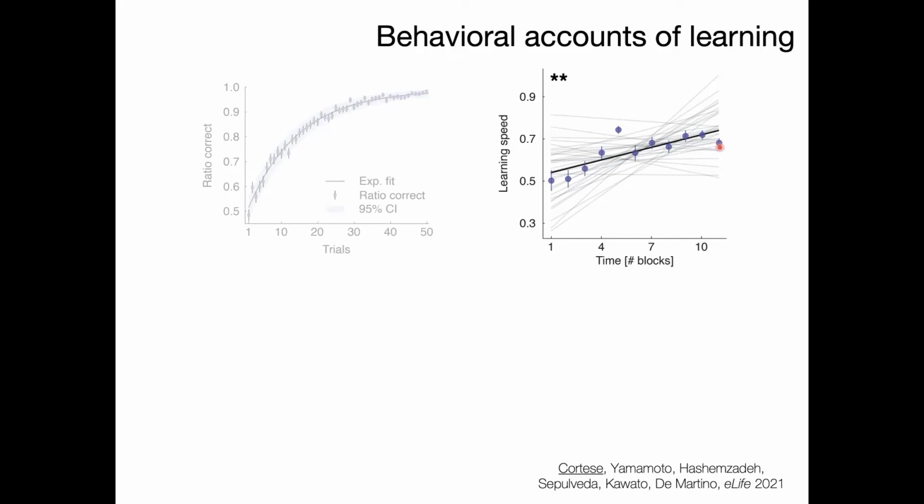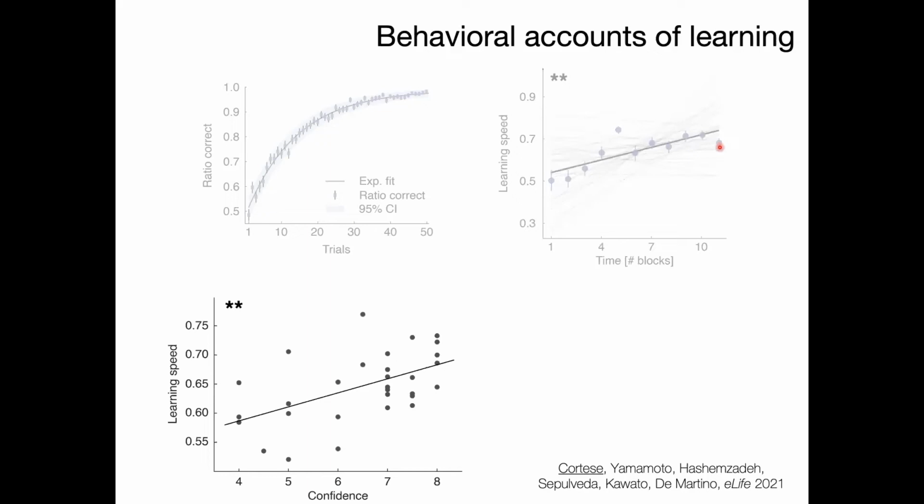So this suggests that maybe over time, they are learning a strategy to solve the task, or they are changing their strategy in learning these fruit preferences, these associations. We also collected confidence data. This is one of the limitations: this confidence data was collected at the very end of the experiment, just asking participants overall how well they thought they performed in the task.